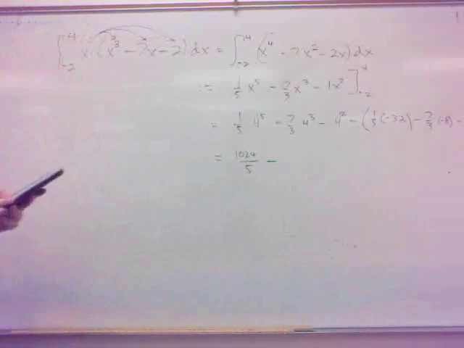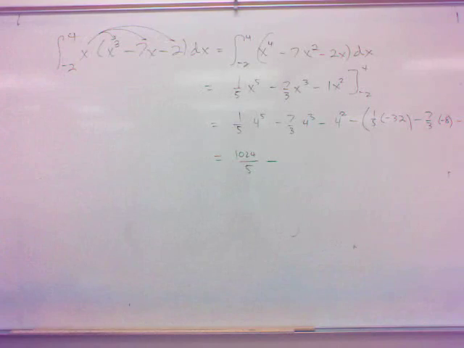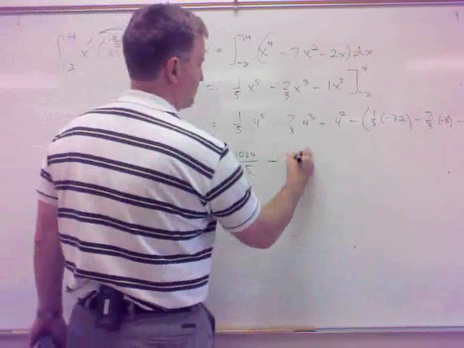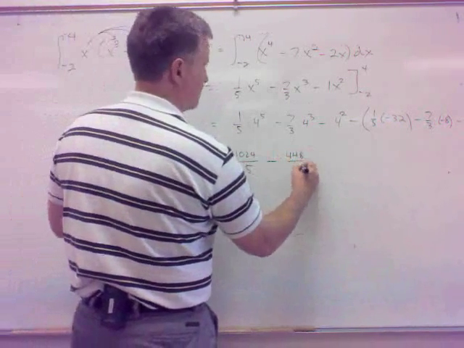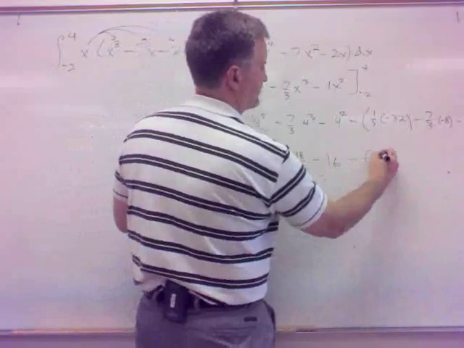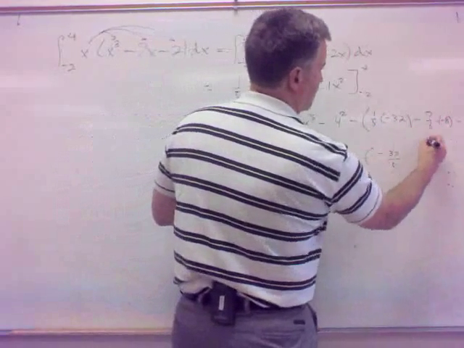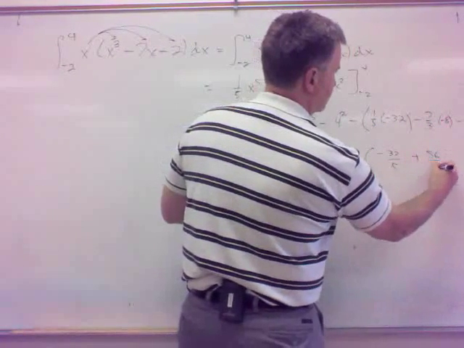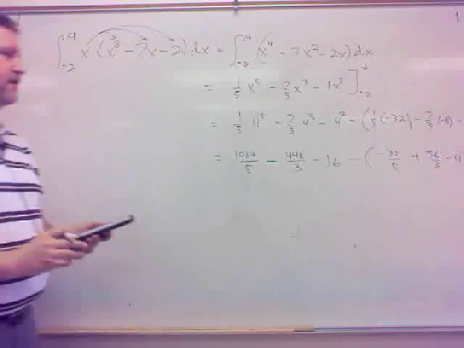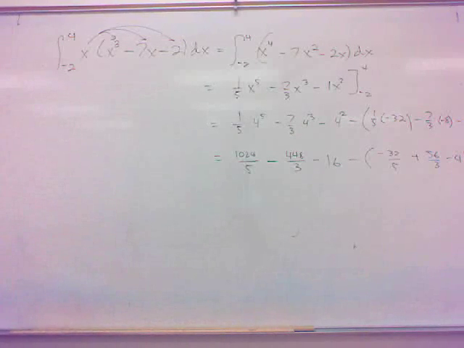Minus 4 cubed is 64, so we got 448 over 3. Minus 16 minus, that'd be -32/5. Plus 56/3 minus 4. Do all that out, and we should have it.